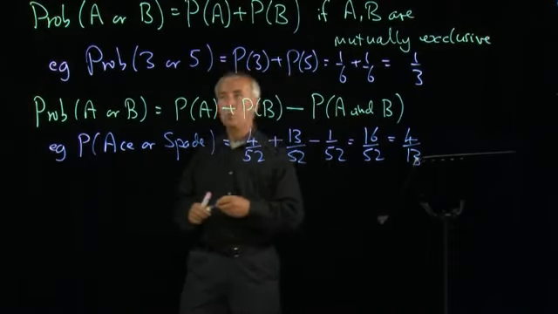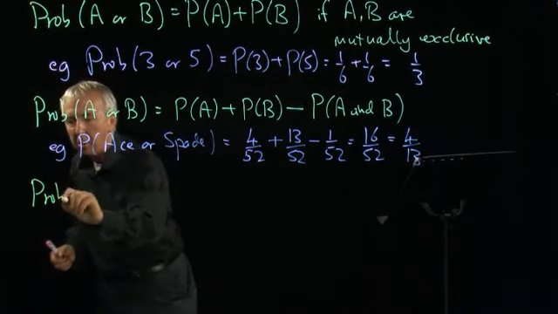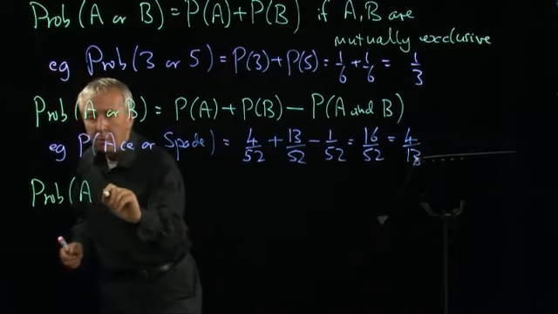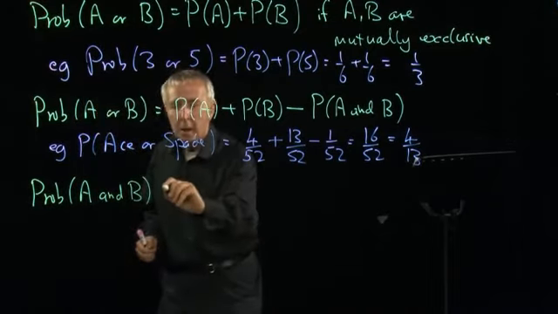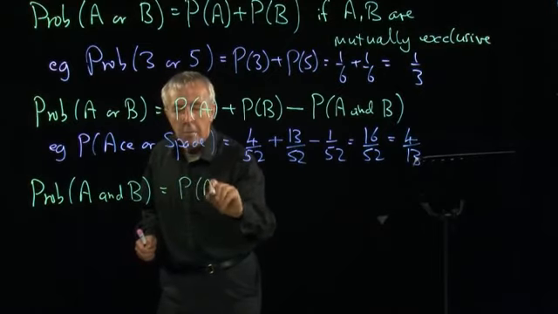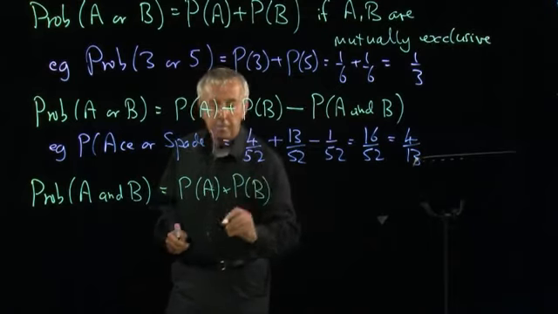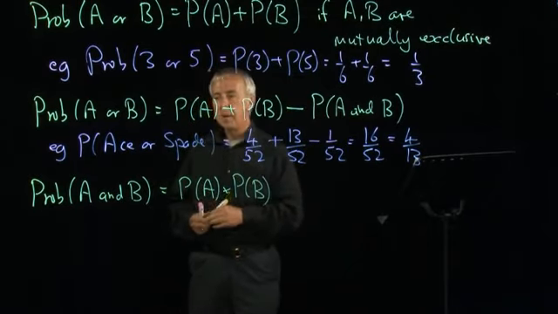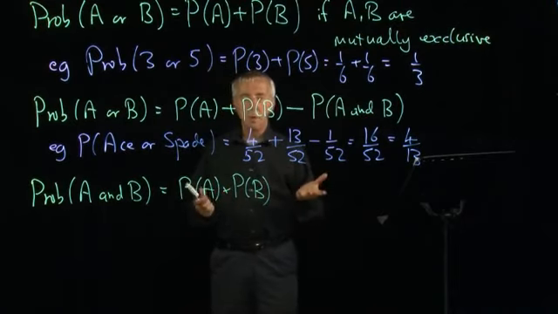The third rule is what we often think of as AND, the chance of A and B, and this is found by multiplying the two probabilities together. And an example of this would be, suppose I toss a coin and roll a dice.